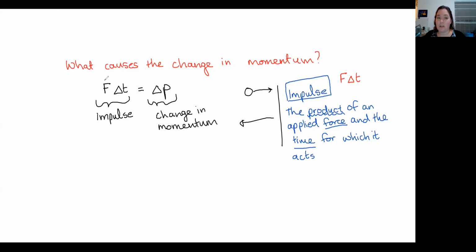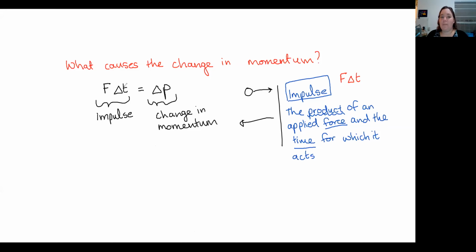Because if I exert the force for as long a time as possible, I will get a bigger change in momentum, which means that when the ball leaves my racket, it will be traveling faster. So sometimes you want a big impulse to cause a big change in momentum. Sometimes, on the other hand, we actually like to use this to instead reduce the force that something acts, or for how big a force we get as something changes momentum or acts on another object.